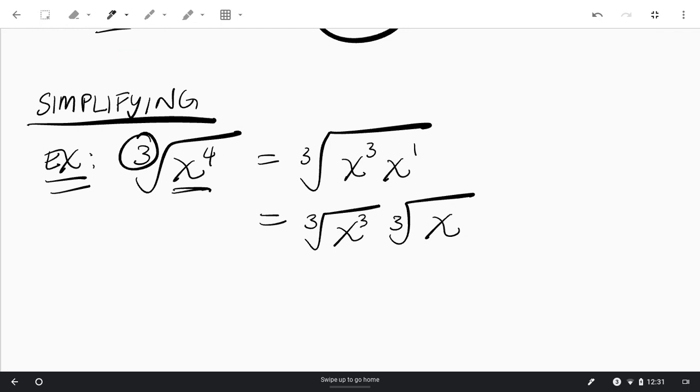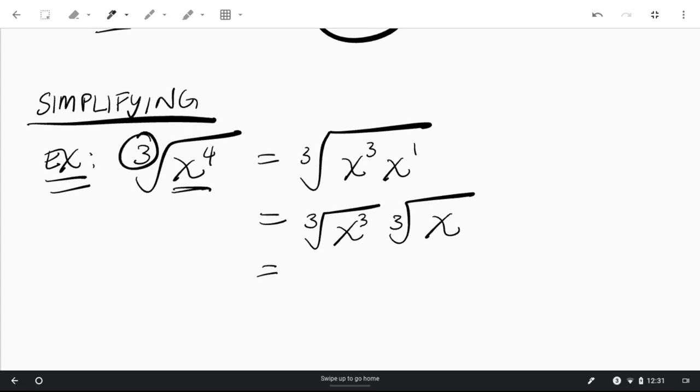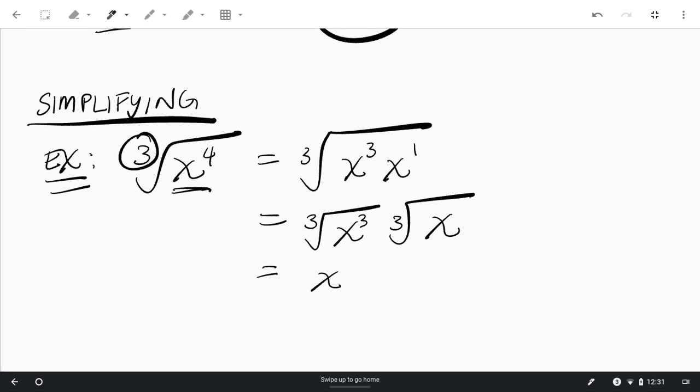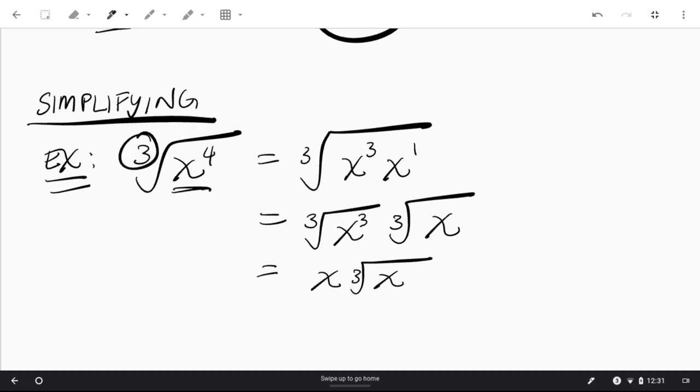Okay, so we have that there. So here, this first one simplifies to x, and the second radical does not simplify at all. So we will leave the second one. Again, this is just one way to simplify these.